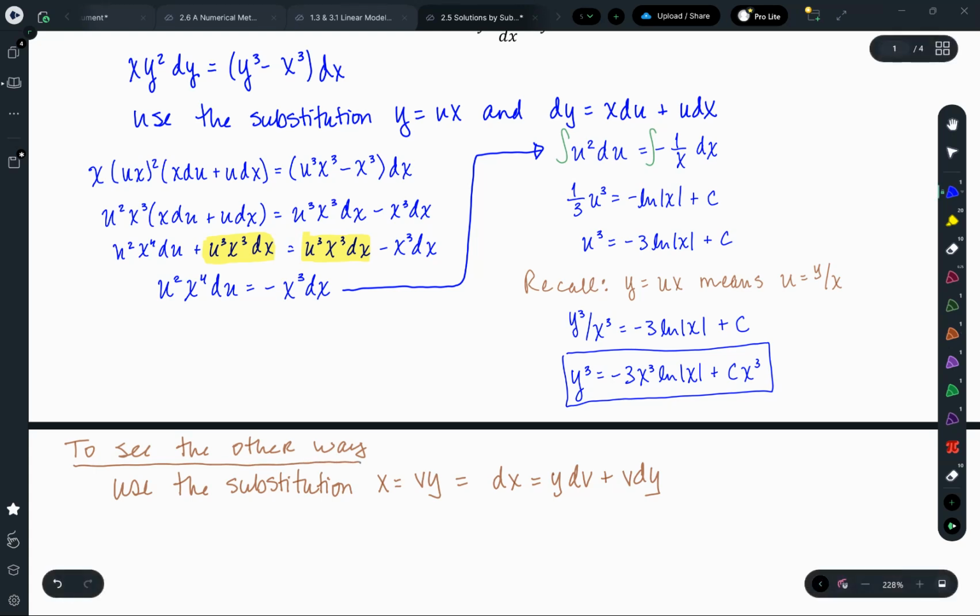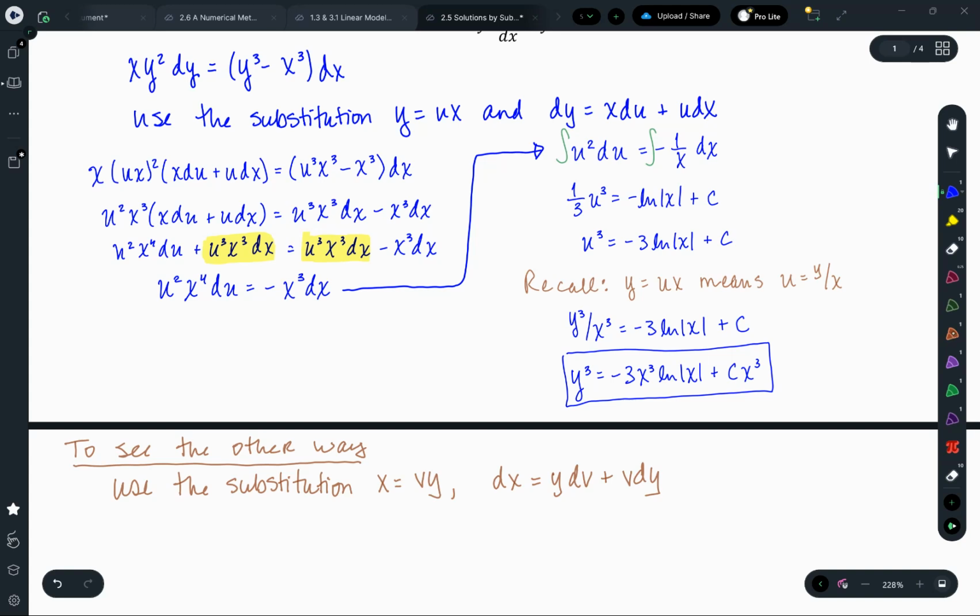Okay, go ahead and put my substitution. I already have that form up above over here that I'm going to substitute everything into. So everywhere there's an x, I will replace it with a vy. And everywhere there is a dx, I'll replace it with y dv plus v dy.